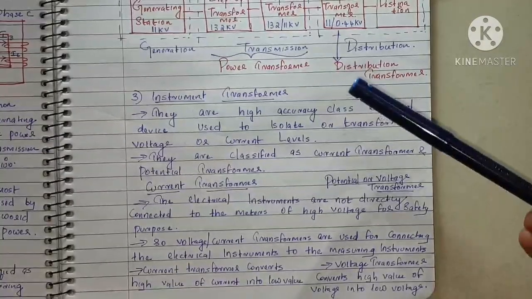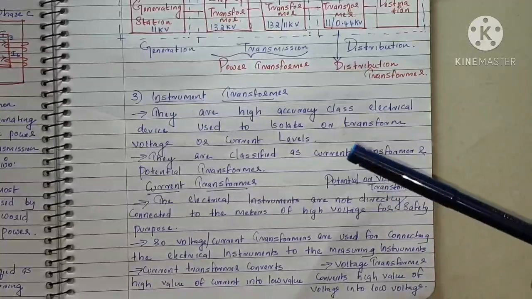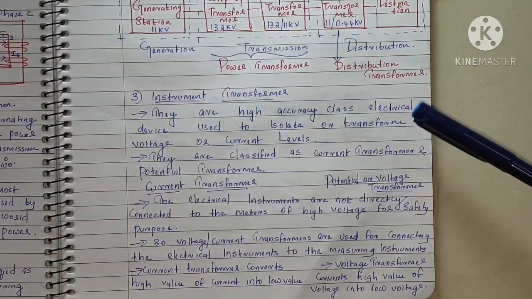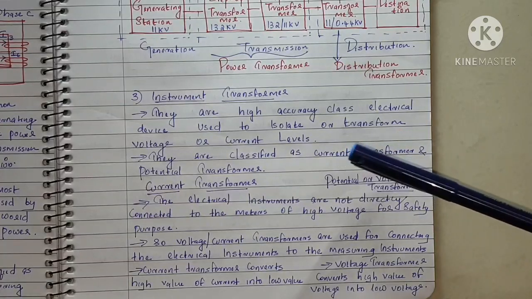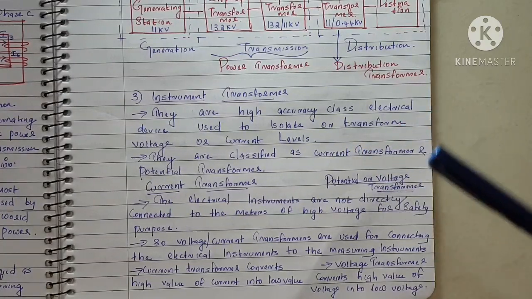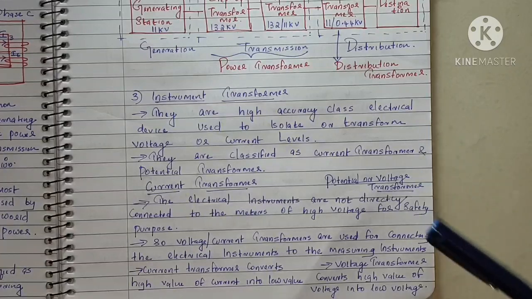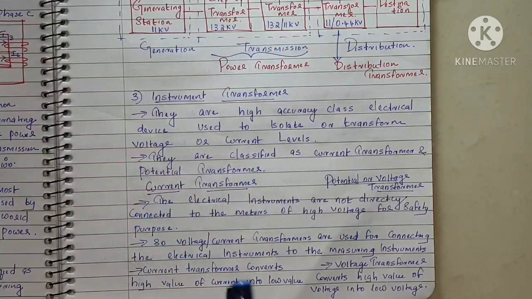The third one is the instrument transformer. They are high accuracy class electrical devices used to isolate or transform voltage as well as current levels. They are classified into two types mainly: one is the current transformer, and the second one is the potential or voltage transformer. Always, the electrical instruments are not directly connected to the meters of high voltage for safety purposes.